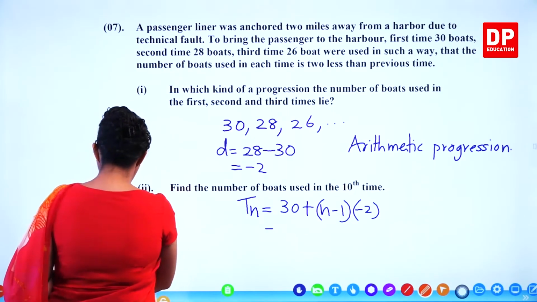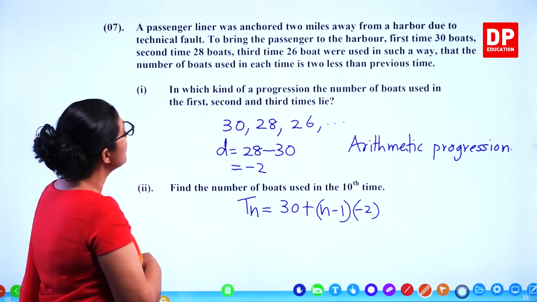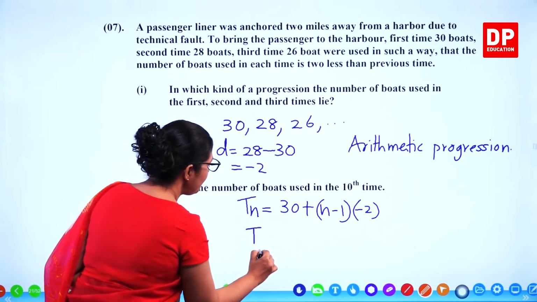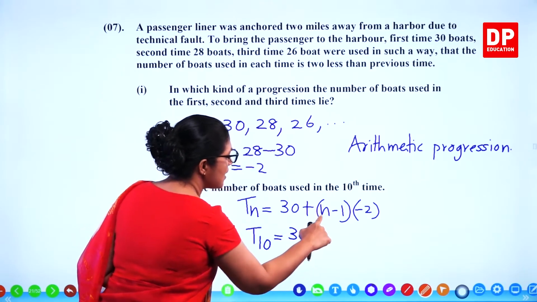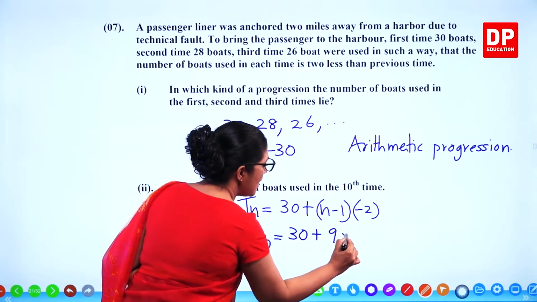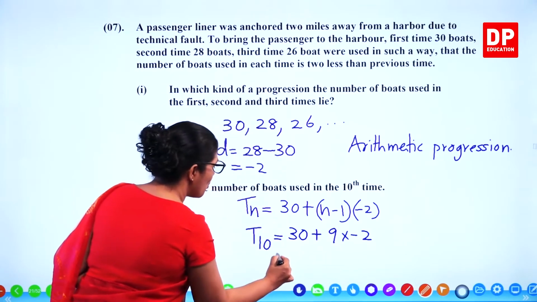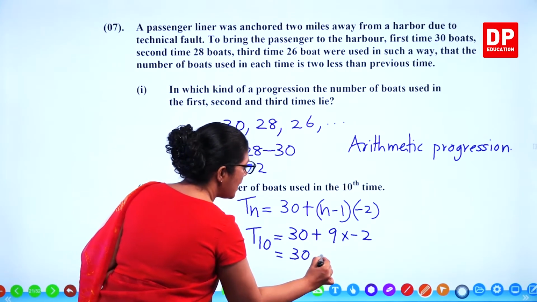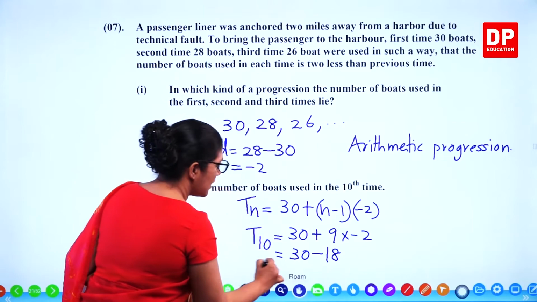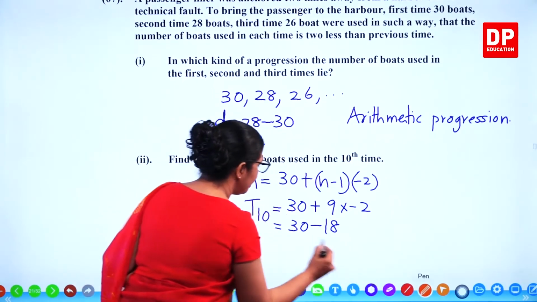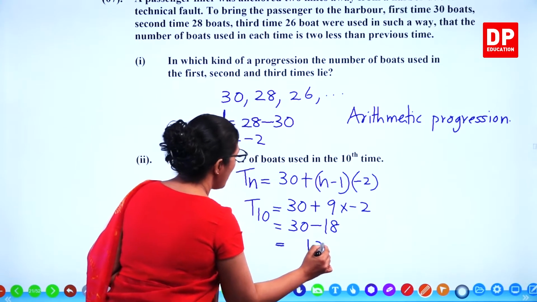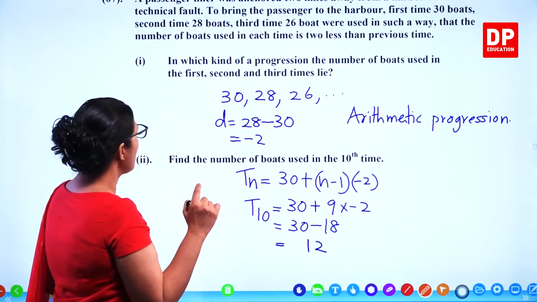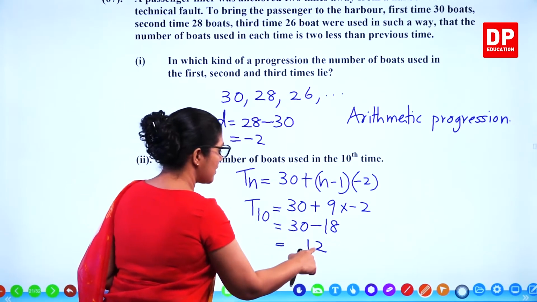So you can write now the 10th term, T10, 30 plus 10 minus 1 is 9, 9 into minus 2, 30 minus 18. So what's the answer? 12. So number of boats used in 10th time, that's 12.